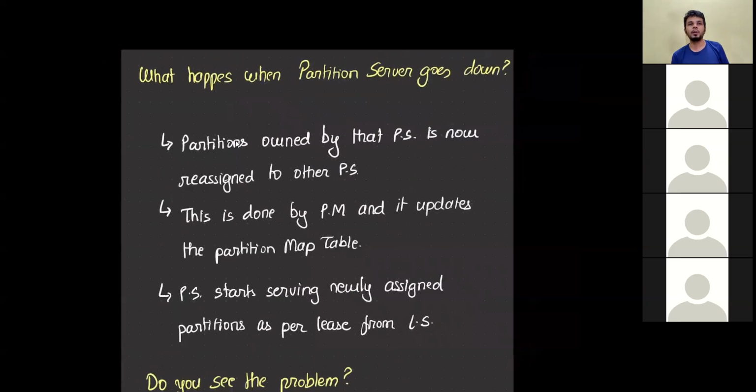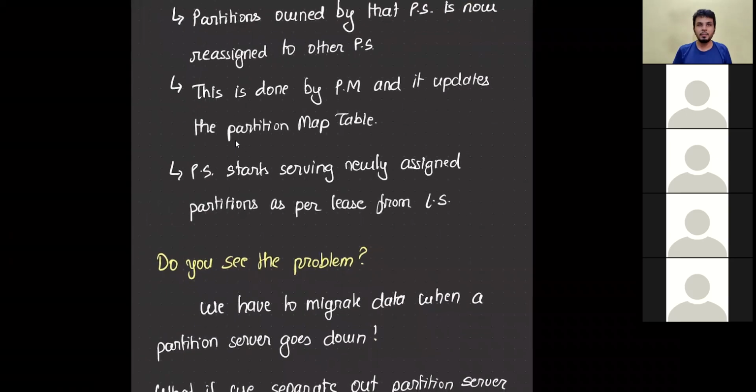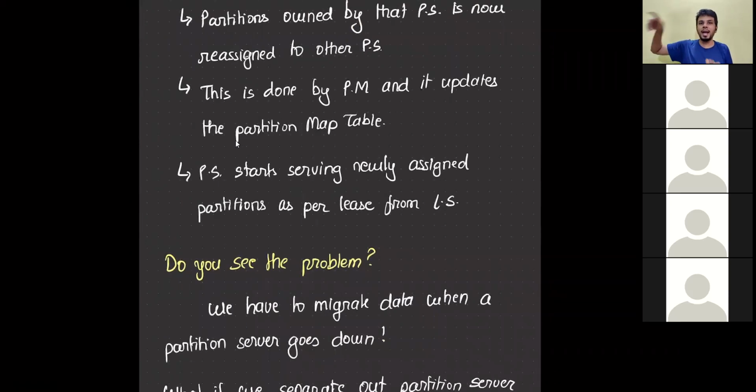Okay. So what would happen when a partition server goes down? The partitions owned by that partition server are reassigned to other partition servers. This is done by the partition manager, and it updates the partition map table. The partition manager finds out that this partition server is not healthy and died off.